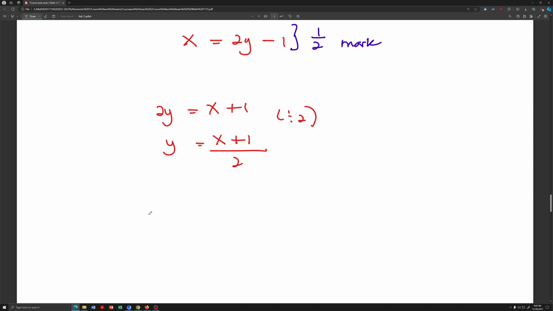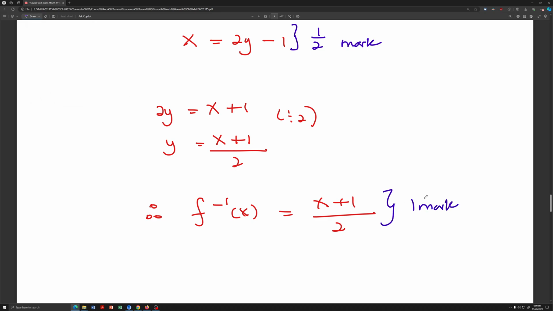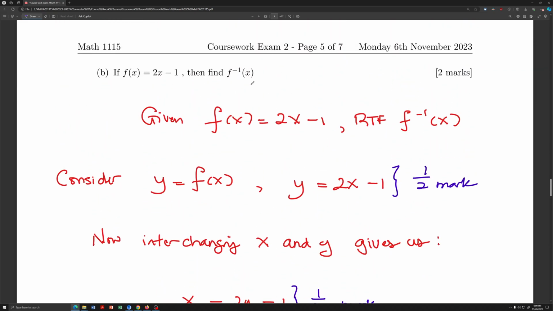Therefore, f inverse of x is equal to x plus 1 all over 2. And again, just for writing that, I'm going to give myself an entire mark because that is exactly what they asked us to solve. Find f inverse.